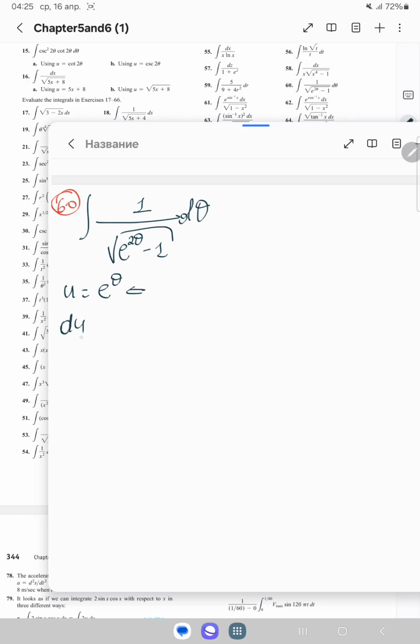So I will take the derivative of both sides, d over d theta of e to the power of theta. This will give me e to the theta. My goal is to find du.